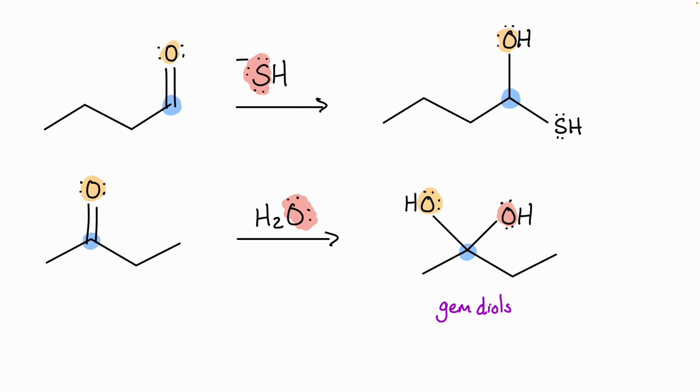Okay. One more thing that we're going to do is we're going to stack two examples next to each other from this chapter and from the last chapter. What do I mean by that? So let's do this ketone, but then let's also do an epoxide.